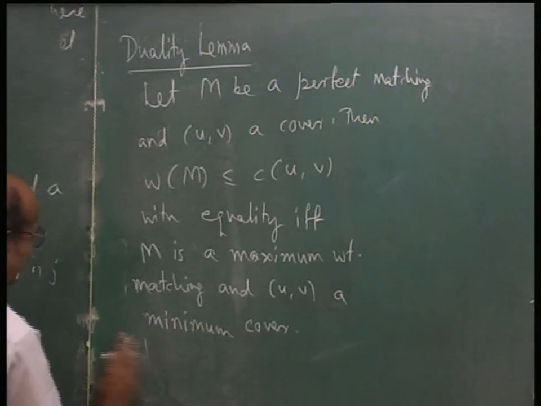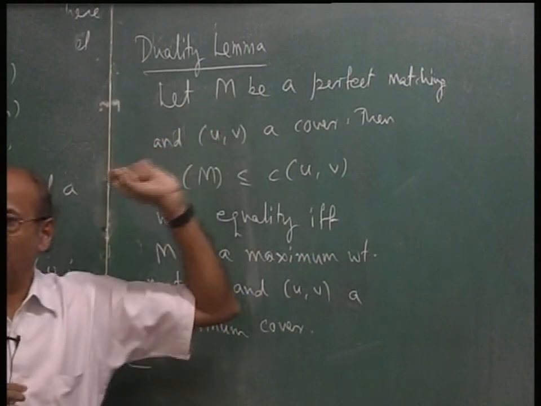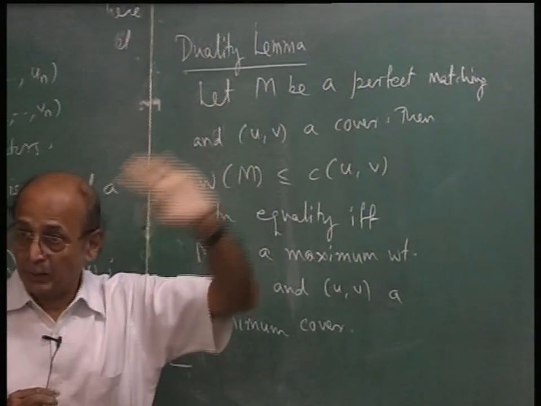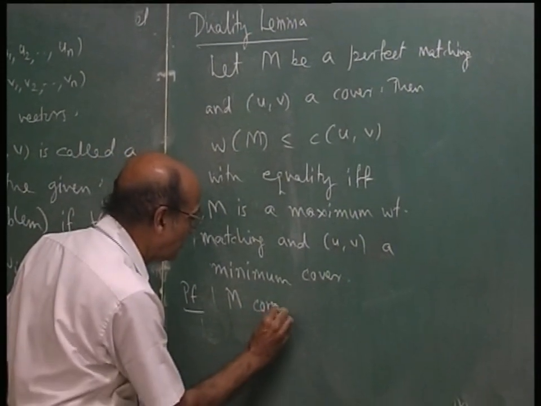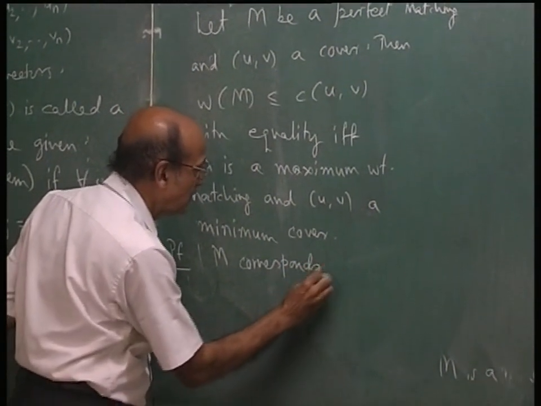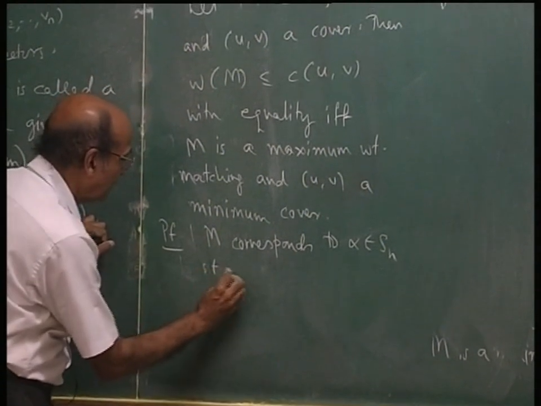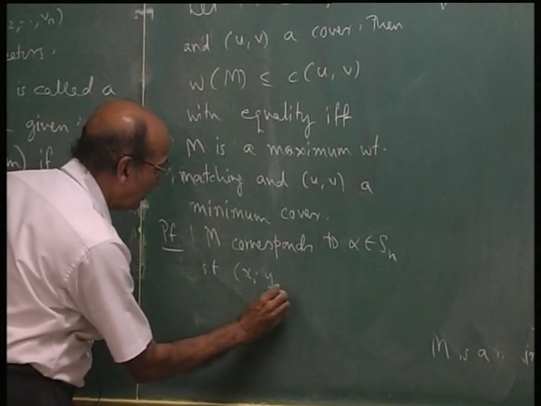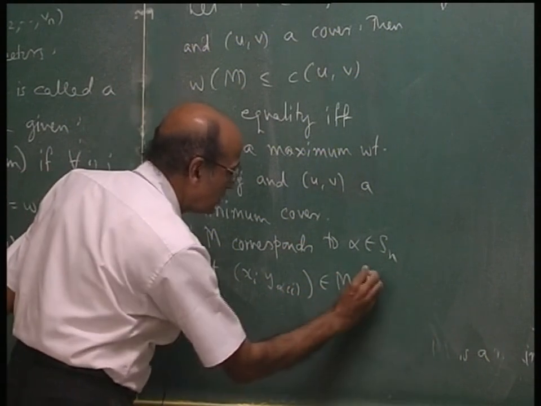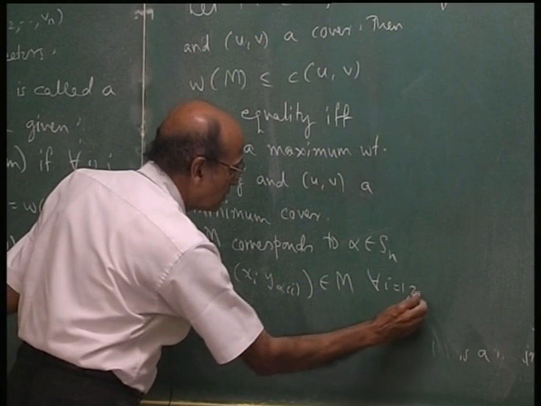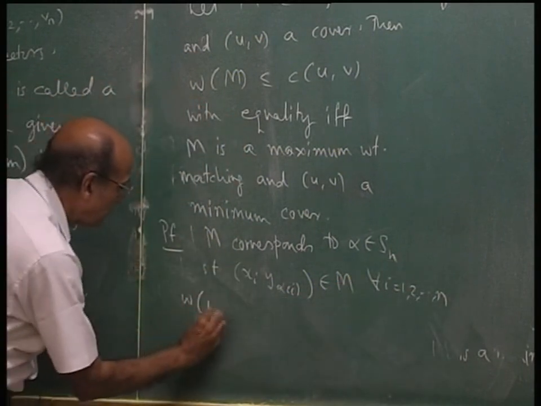Proof. What's a perfect matching? Perfect matching actually amounts to saying that you have a permutation. Okay, M corresponds to alpha such that x_i y_alpha(i) is an edge of M. Then what is the weight of M?